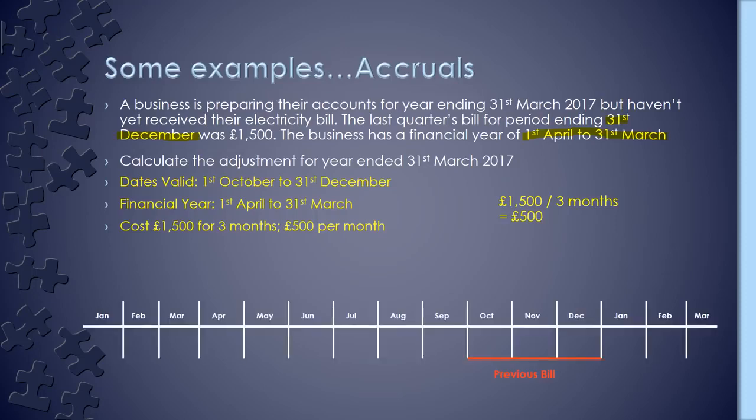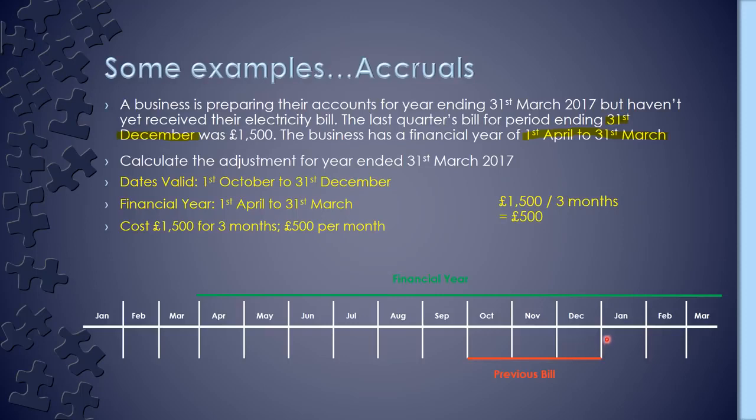So let's have a look at the timeline. So we can see here that this is where our previous bill is sitting. And then we can see that this is our financial year. So this bill here that had already come in previously is sitting within our financial year, so that's absolutely fine.